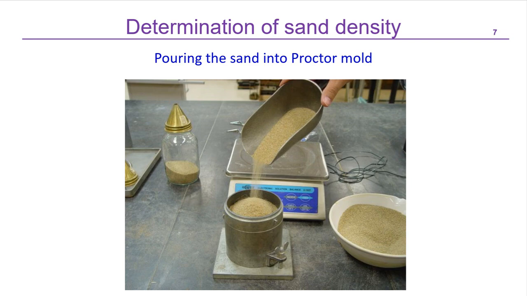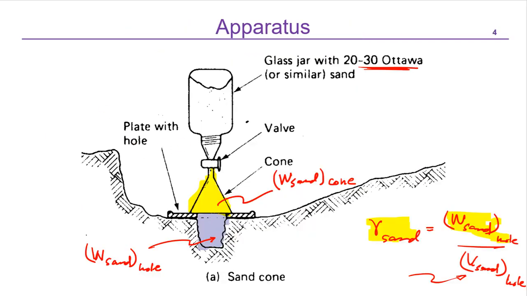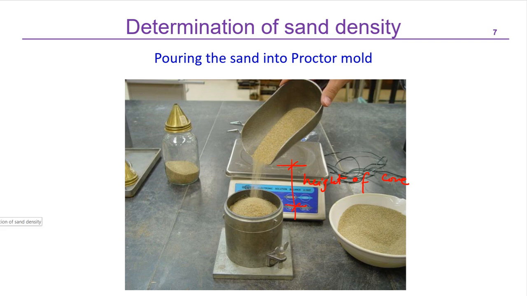Then we fill this mold with the sand that we are going to use in this test, and this height of drop should be the same as the height of cone. This is that height of cone we are talking about, this height, so that we have the same effect of compaction.